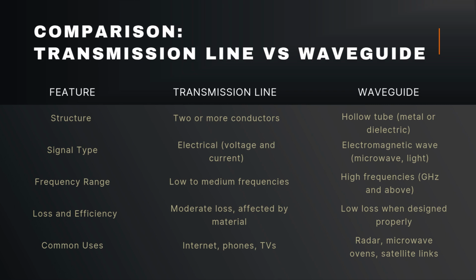The transmission line is low to medium, while the waveguide is high. Next, loss and efficiency. The transmission line has higher loss, while the waveguide is low loss when clean or dry. For common uses, the transmission line is used in phones, internet, and TV. The waveguide is used in radar, microwave, and satellites. Both are used in different frequency domains and for different technologies.